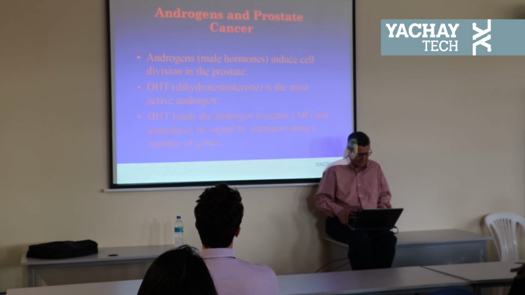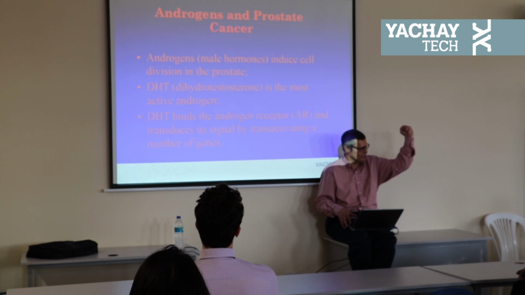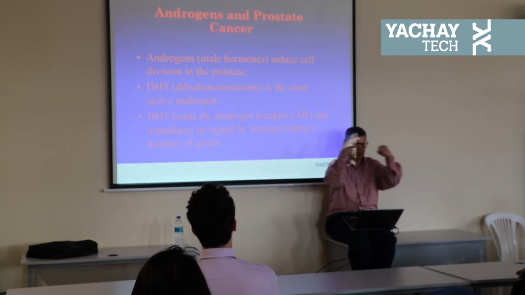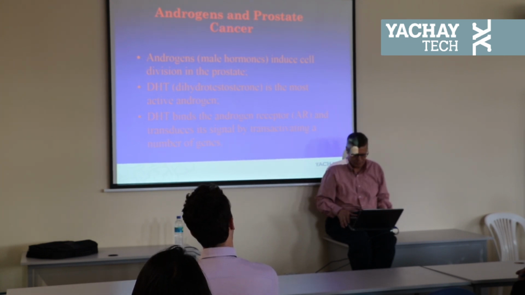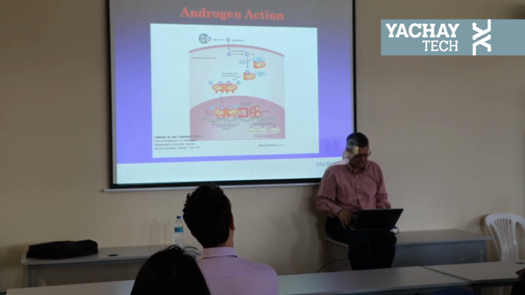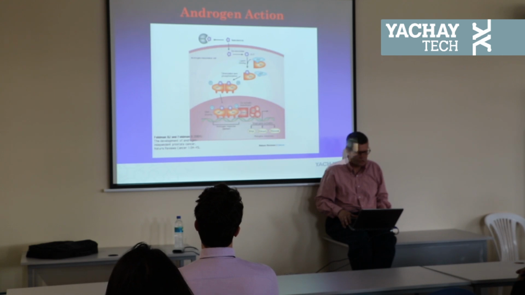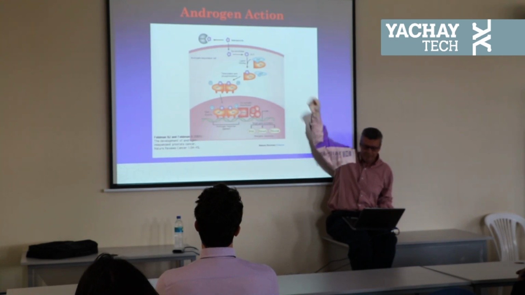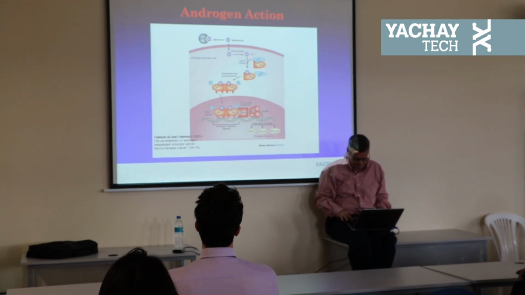And what dihydrotestosterone does is it binds to something that's called the androgen receptor. They get together and they do a bunch of things, including inducing cell division. And this is a cartoon that shows you that. Testosterone circulates in the blood, way up there. It enters the cell. It is activated by an enzyme that's called steroid 5-alpha reductase.